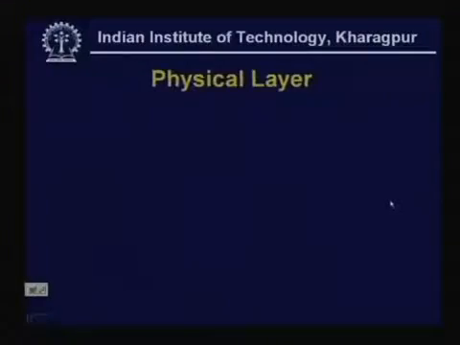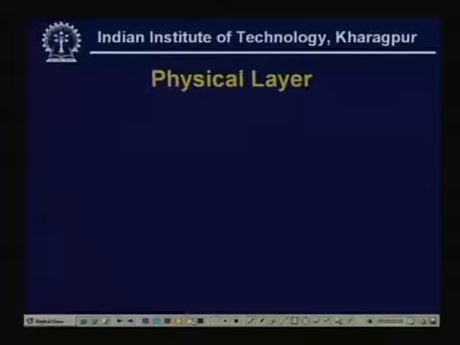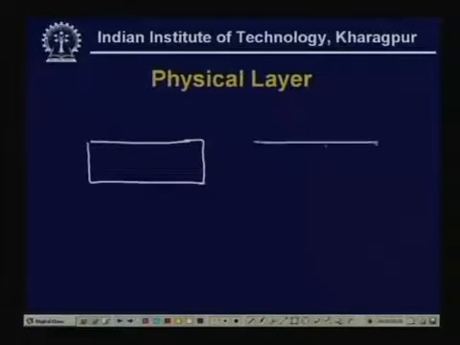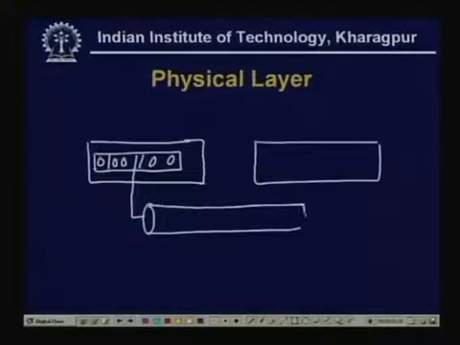Let me explain with the help of a diagram how the physical layer will communicate. Suppose this is one side of the physical layer. Here you have the one side, and suppose you are sending 0 1 0 0 1 1 0 0. This particular data, a raw bit stream, is sent through a physical medium to the other side.